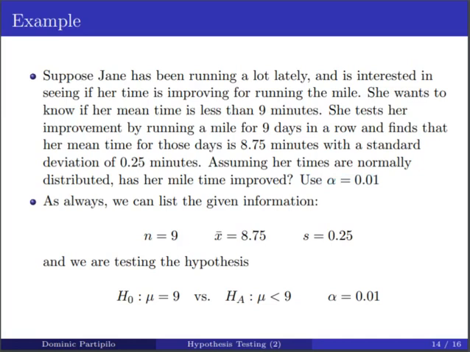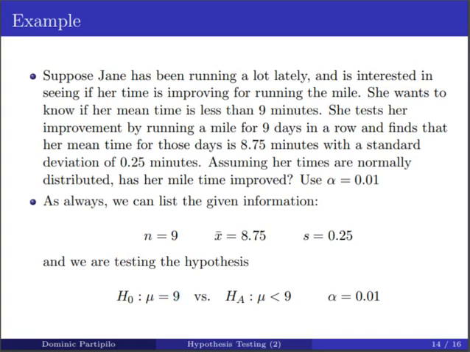So, when we list out our information, she did 9 runs for 9 days, so n is 9, and her mean time for those 9 days was 8.75, and the sample standard deviation was 0.25. And our hypotheses here, we're assuming that her mile time is going to be equal to 9.